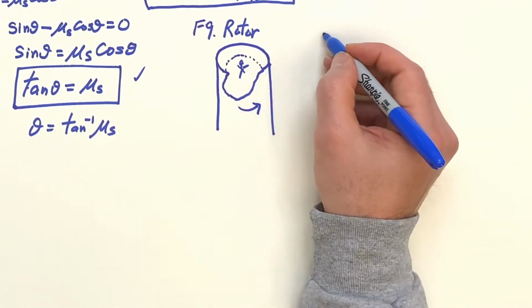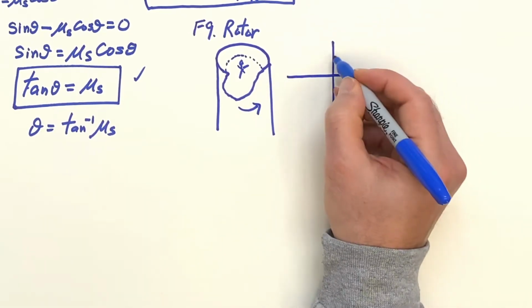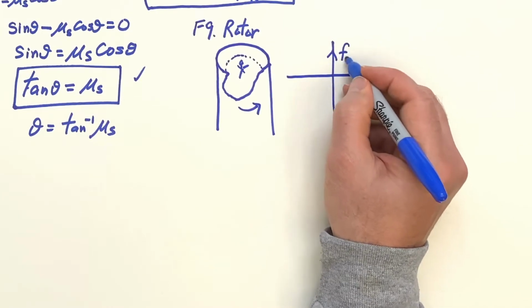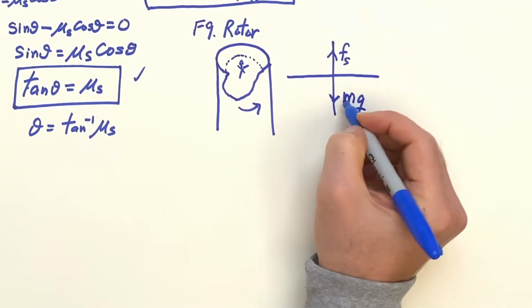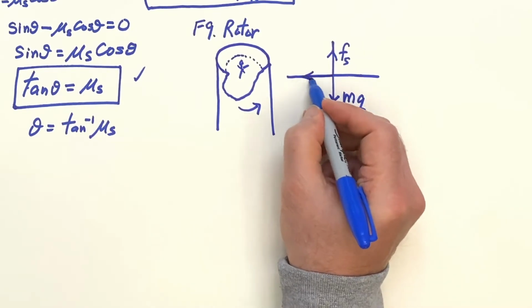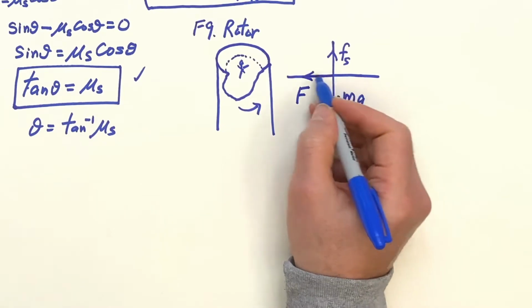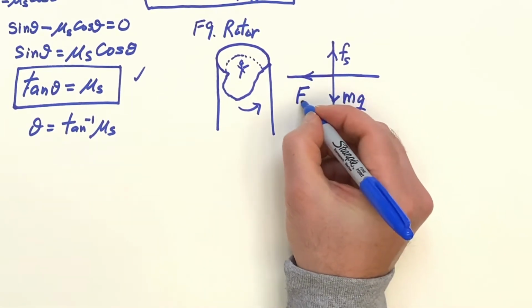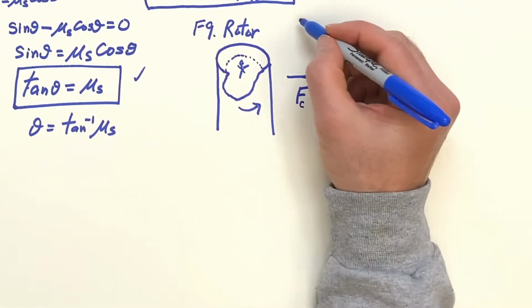And then if we have our force diagram, we're going to have the friction, static friction holding us up. Got the mg pulling down. Then you have here the normal force, which I'm going to put a little c down there and call it the centripetal force.